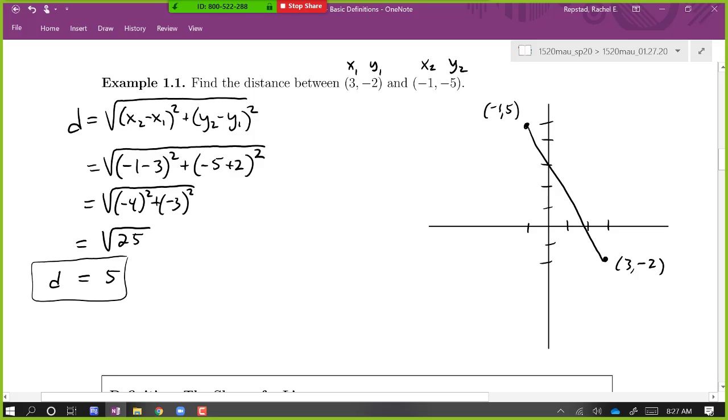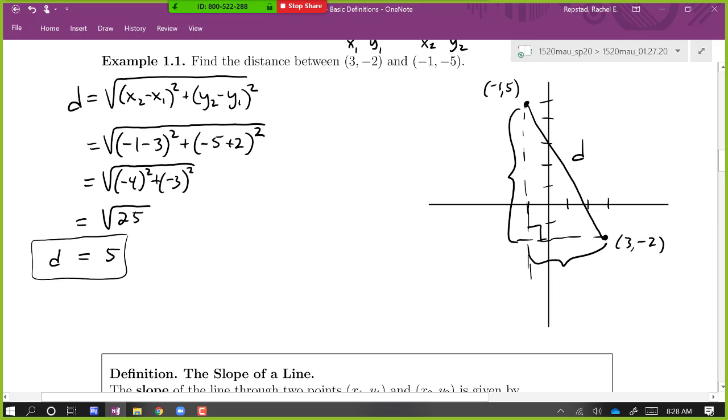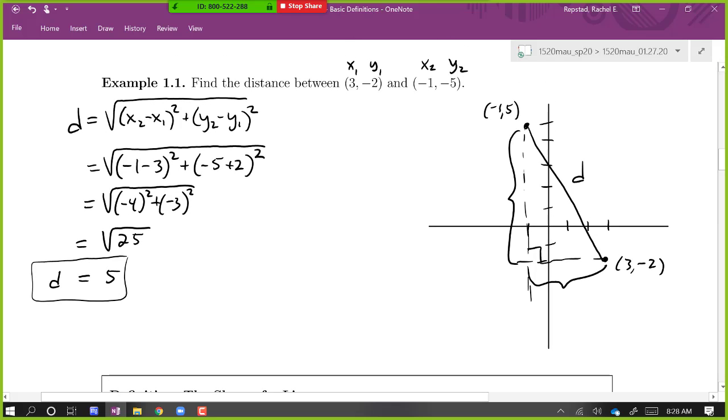We're looking for this distance, and then you could draw those perpendiculars, make your own right triangle, find the lengths of each of these legs, and use Pythagoras. So if you're ever unsure, you can follow your nose through the process just by plotting the points. Are there questions on that example?